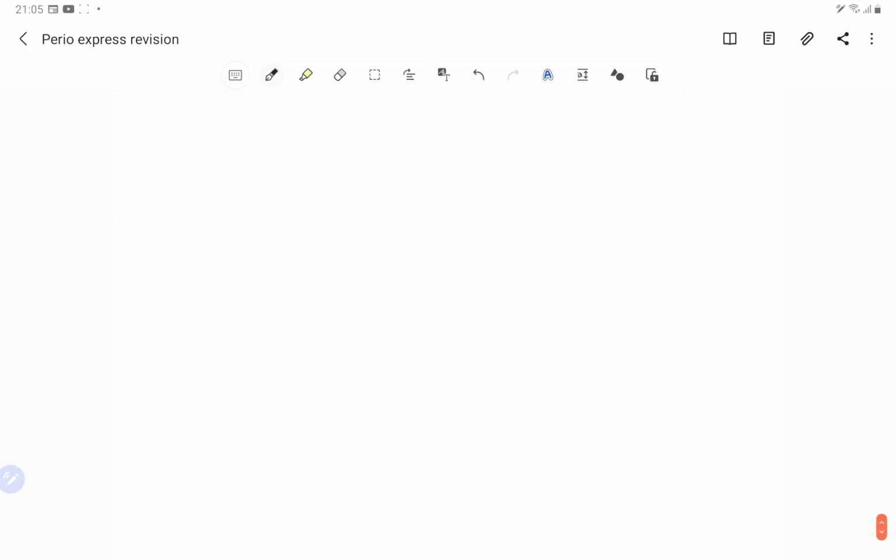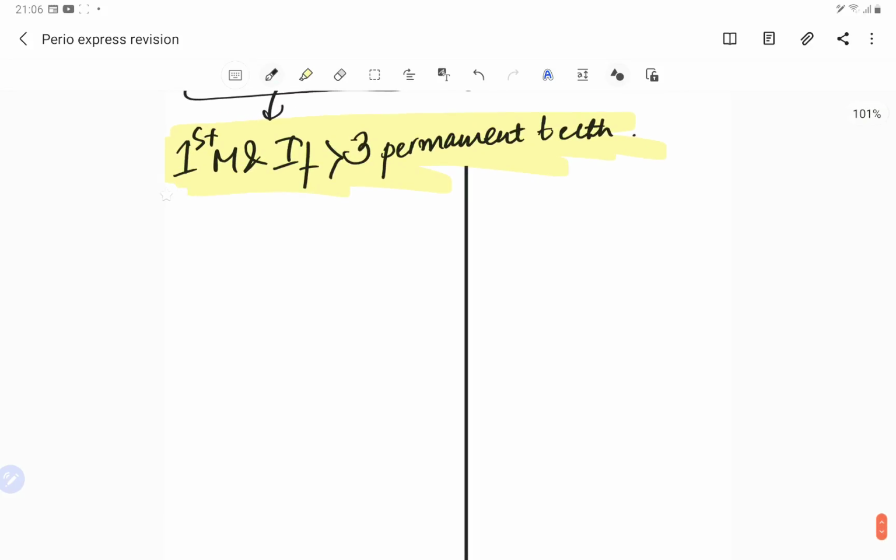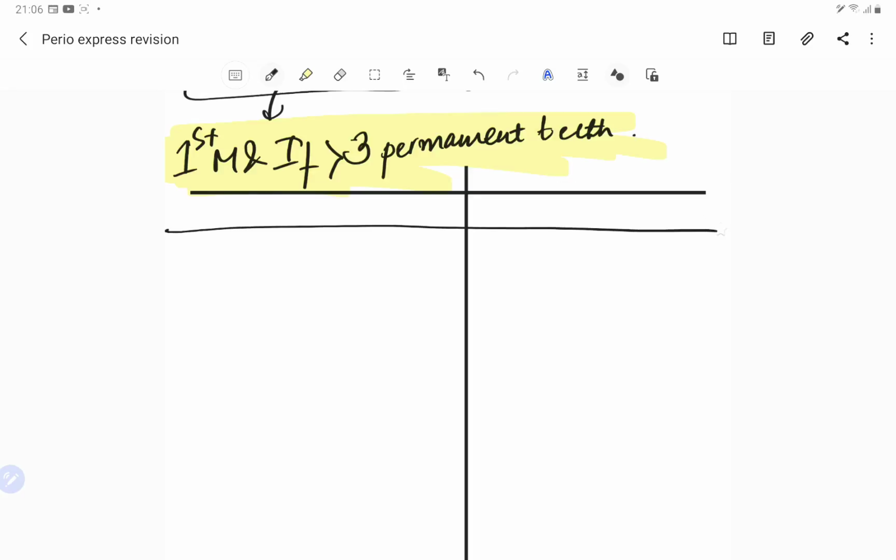So guys, what are the differences between the localized and the generalized aggressive periodontitis? Let's cover the differences between both of them. So we have the localized aggressive periodontitis and the generalized aggressive periodontitis. The age of onset of the localized aggressive periodontitis is somewhere around the puberty.